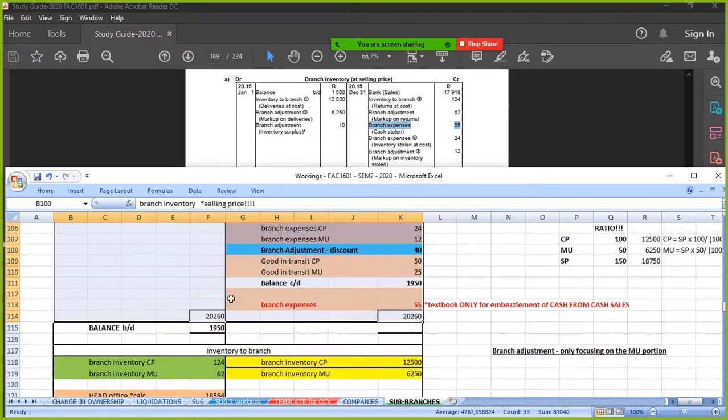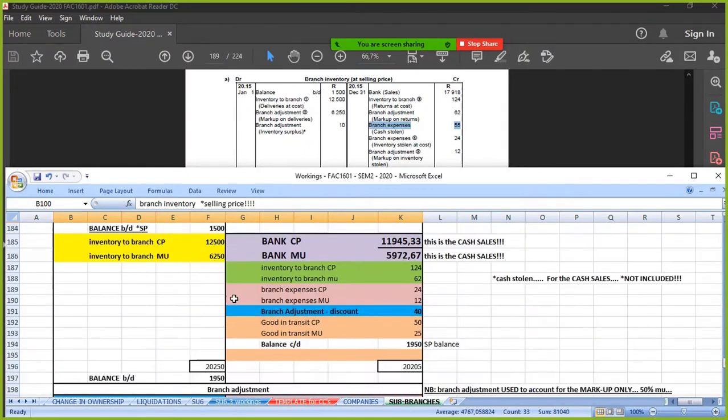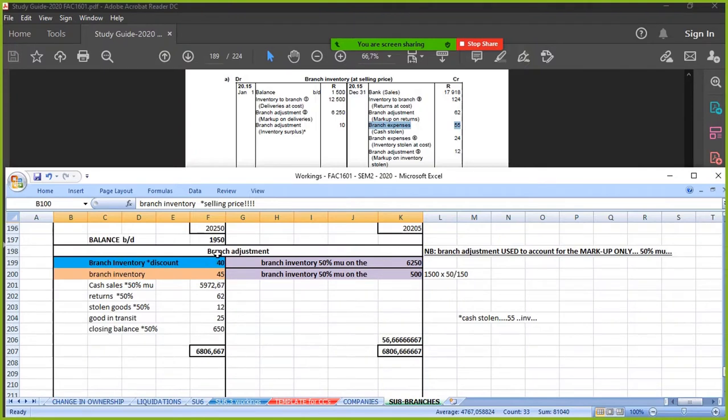Okay, that's fine. And then obviously here, when we did the posting, where was it? Here it is. This was taking the adjustment account. No, taking the branch inventory account.